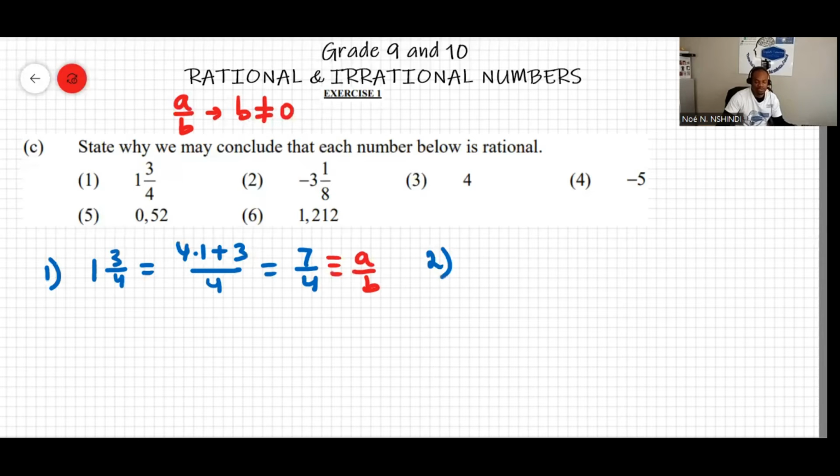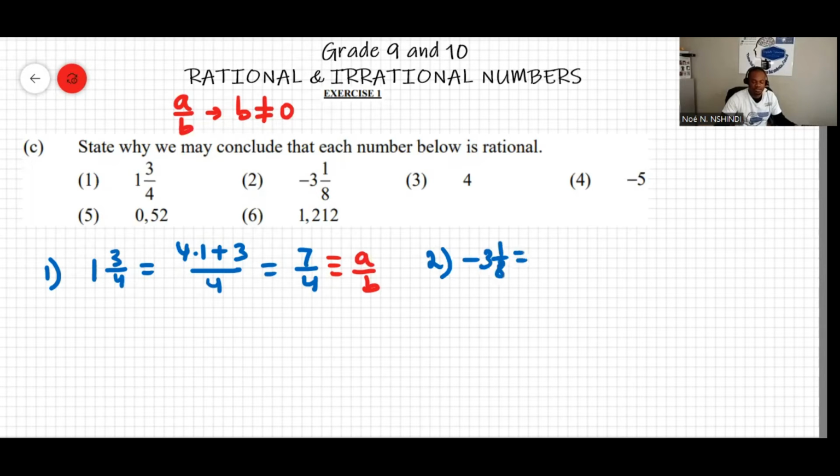Now that was for question 1, and for question 2, same reason. Okay, we can do 8 times -3, and 1 over 8.